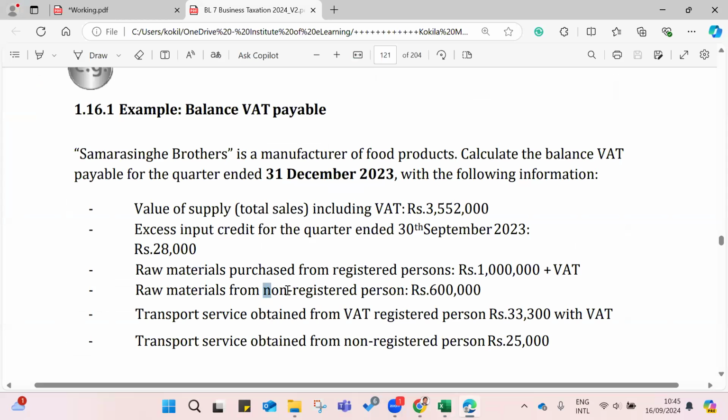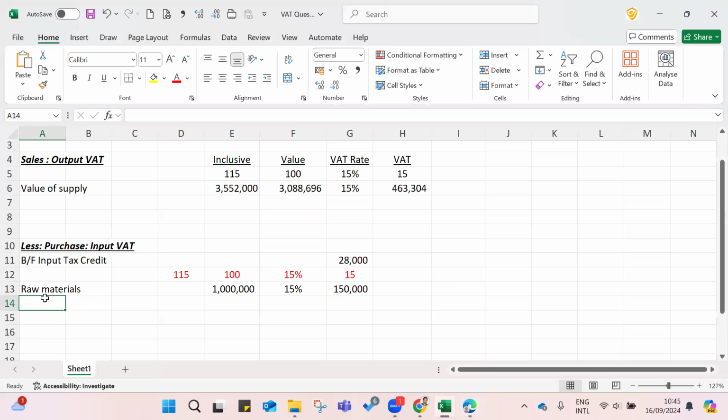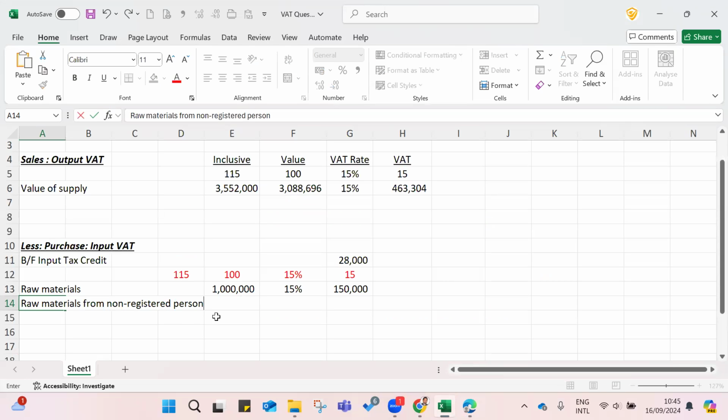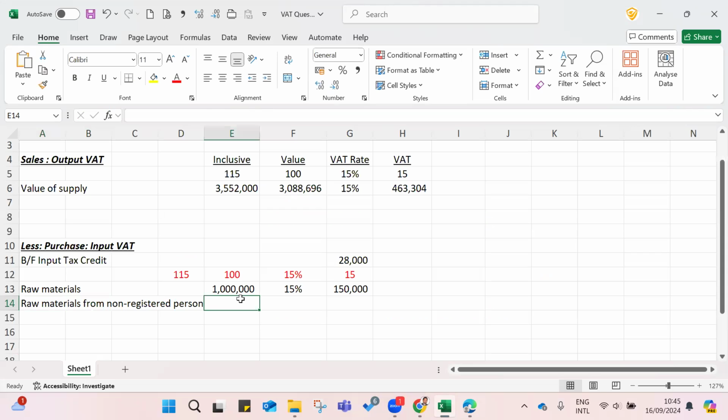Then raw material from non-VAT registered person, right? If you purchase any raw material from a non-VAT registered person, will you receive a VAT invoice? No, right? You will receive just an invoice. Raw material from non-VAT registered person, 600. Will there be any VAT application?